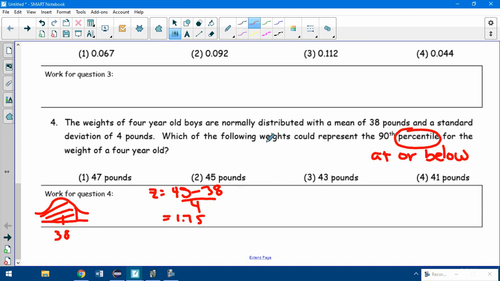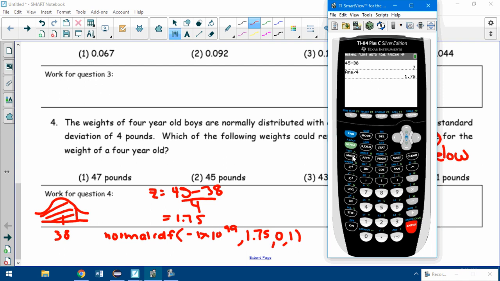So if I wanted to see what percentile that was, I would do normal CDF. My low, I'm going down forever because everything is at or below. So that's negative infinity, negative 1 times 10 to the 99th. My high would be 1.75 with a mean of 0 and a standard deviation of 1.